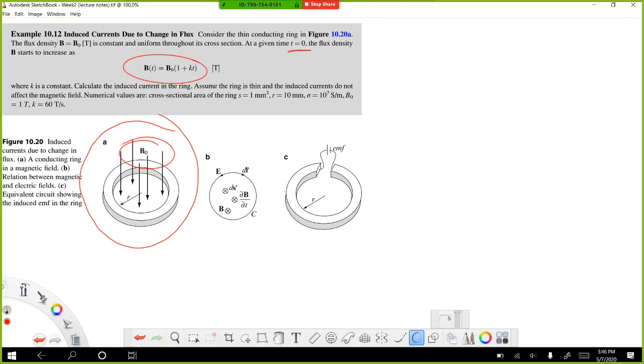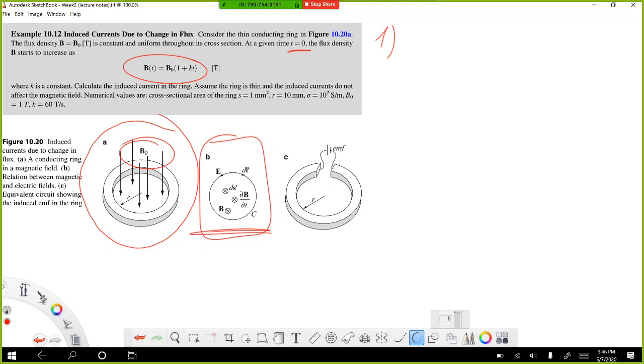Okay, method 1. We are saying that change of magnetic flux, the figure B showing the relationships of electric field and magnetic flux density, and we use figure B in method 1.